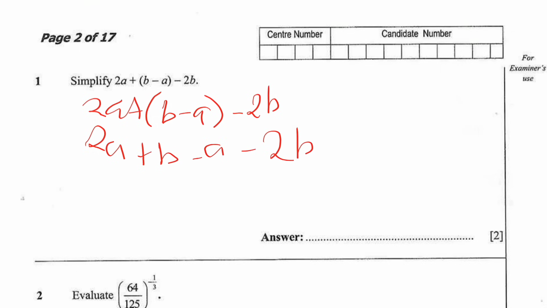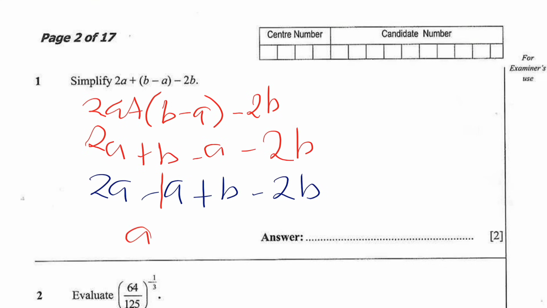Then we have like terms here, so we're going to say 2a minus a plus b minus 2b. 2a minus a: we have an invisible 1 here, it's the same as 2 minus 1. 2 minus 1 is just 1, so we remain with a.